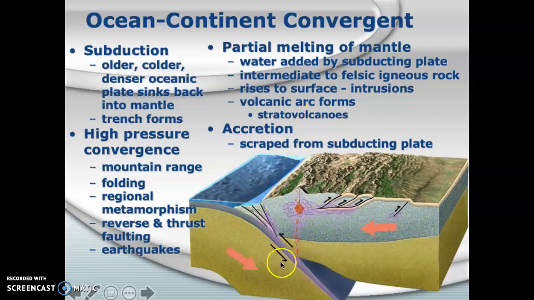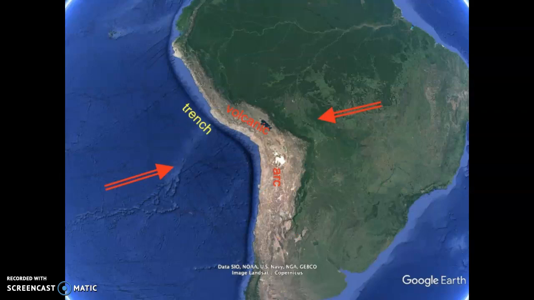We still have our partial melting of the mantle, which means that in the middle of our mountain range here, we're going to have some volcanoes. So in this case, our volcanic arc, instead of being islands, is going to be located in the middle of the mountain range.